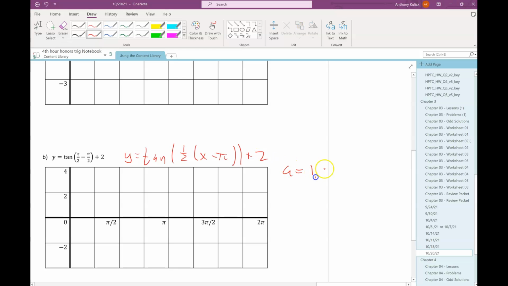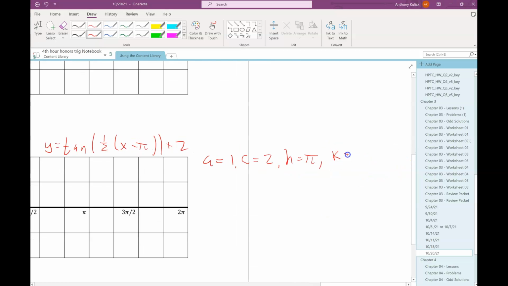So my A is 1, my C is 2, my H is pi, and my K is 2. Is that okay? I'll write my map. So Cx plus H, AY plus K.